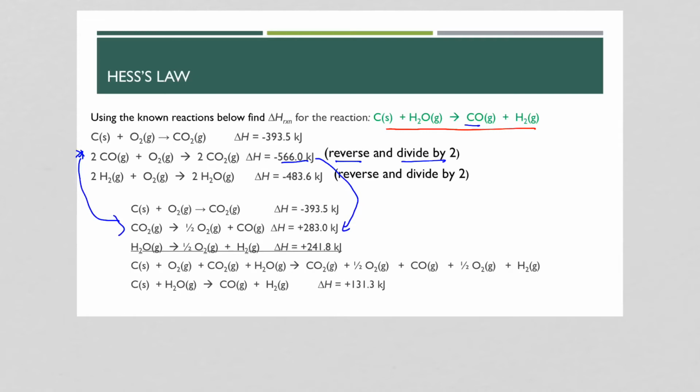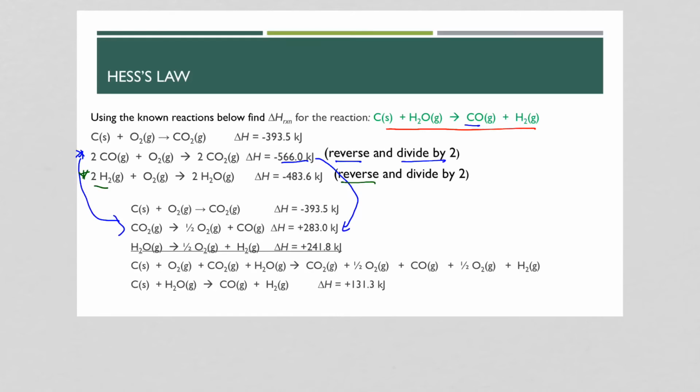Well, what else do we have that we can only find in one equation? Well, we have H2 as a product. But the only reaction that involves H2 is this reaction here. We'll do H2 in green, but notice again, it's a reactant instead of a product, so we're going to need to reverse it.